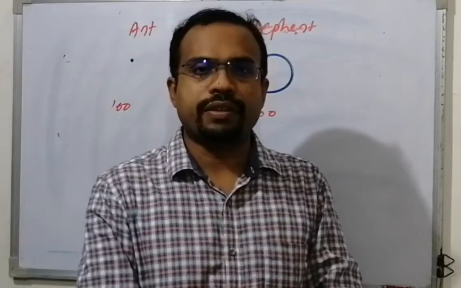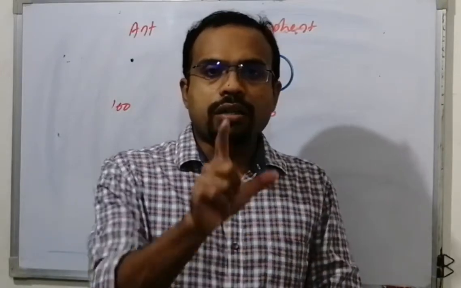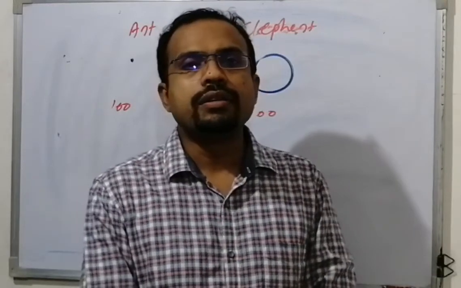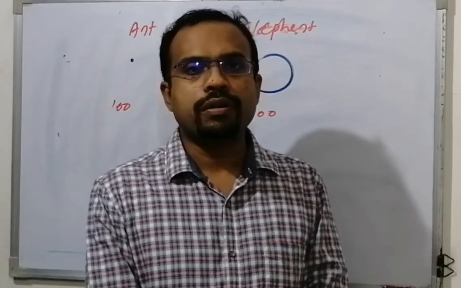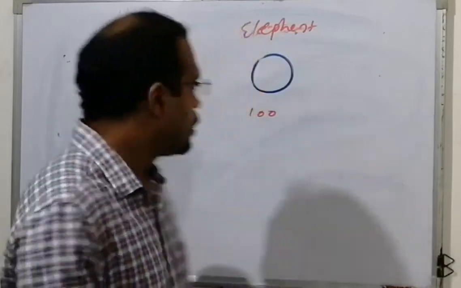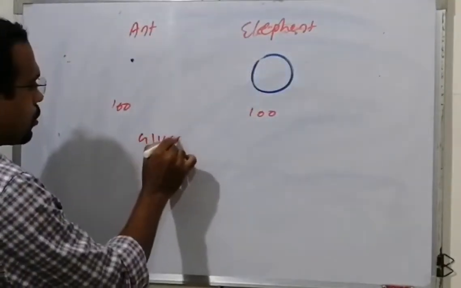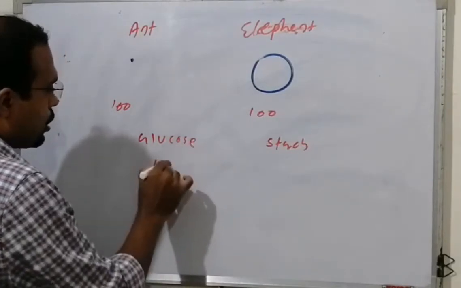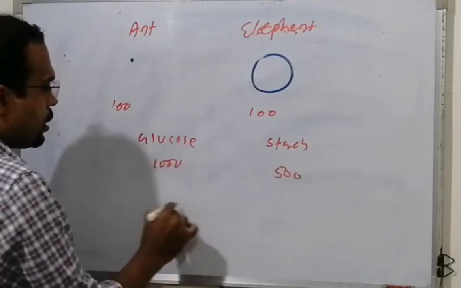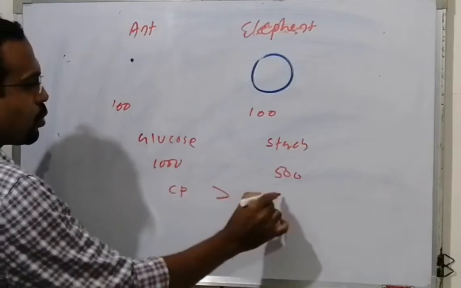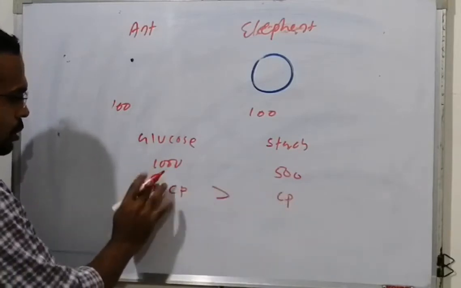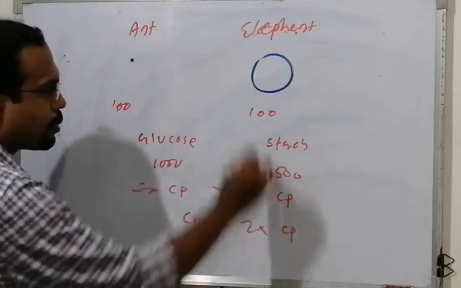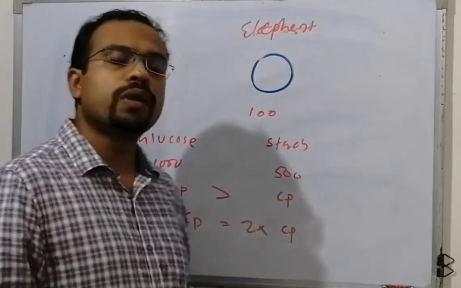Here the number is different. 1000 glucose molecules and 500 starch molecules. This is glucose and this is starch. This is 1000, this is 500. Its colligative property is two times that of starch because starch has only 500.